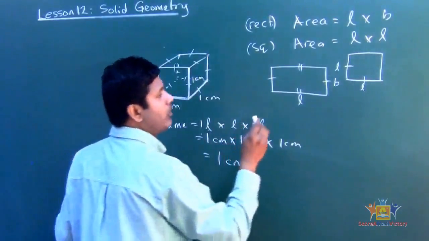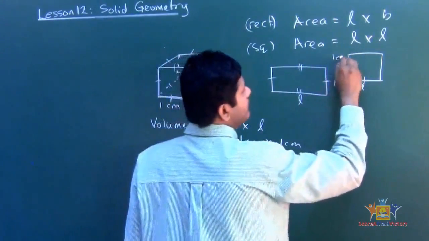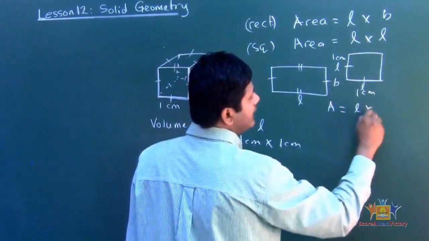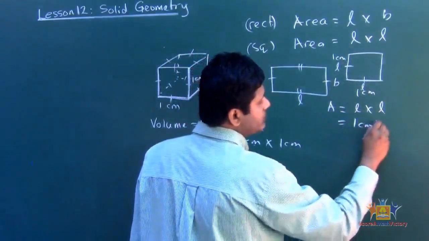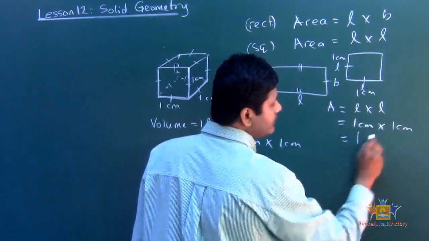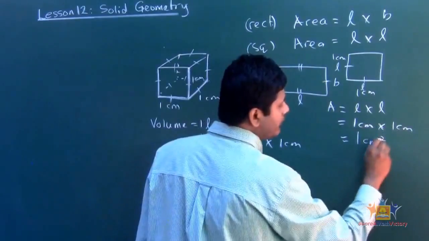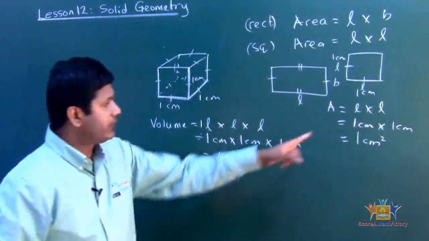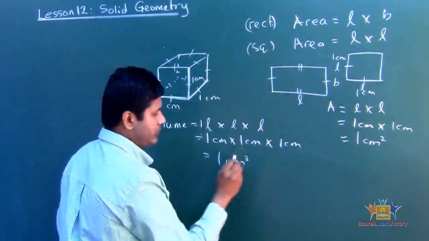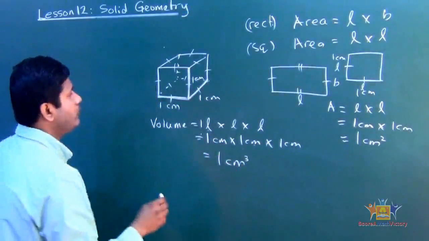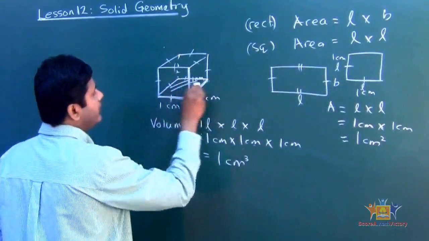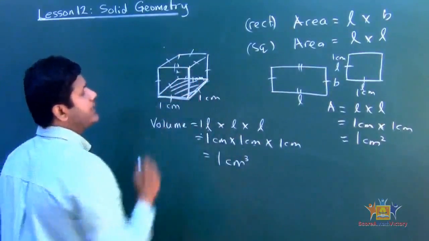Now remember, let's say this is 1 centimeter and this is 1 centimeter. The area equals length times length, 1 centimeter times 1 centimeter. 1 times 1 is 1. Centimeters: 1, 2, there are 2 of them. We put 2. That's for the area. For the volume, you're going to times 3 times. See that? What you're doing is finding the surface area right there, and then you're multiplying it by the height.